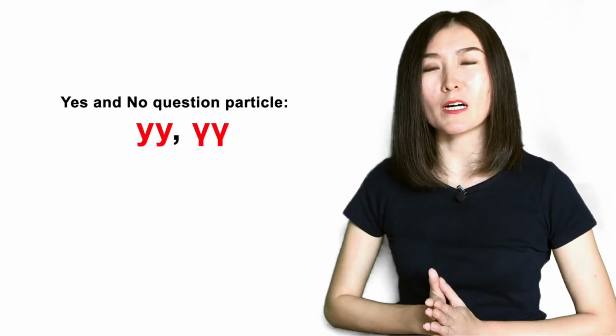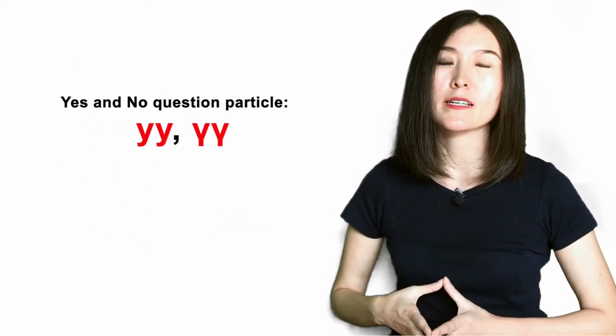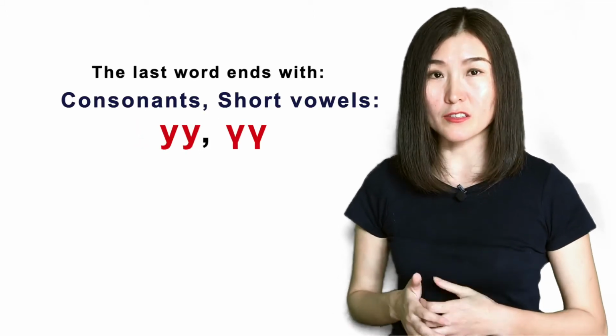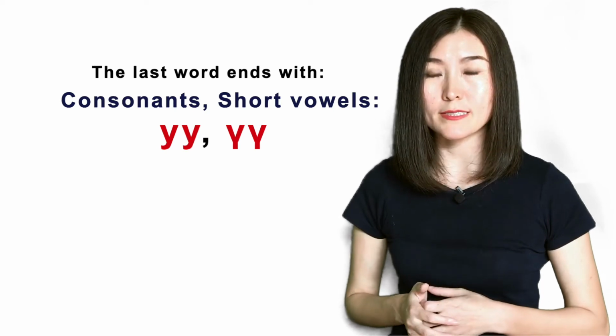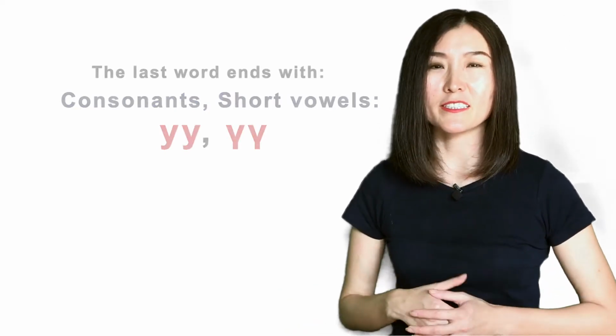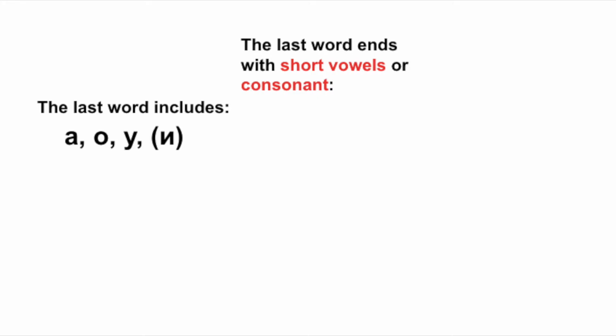Okay, now let's talk about o and u. When the last word of the sentence ends with consonant or short vowels, o or u will be added. So let's take a look at this slide. When the last word ends with short vowel or consonant, and that word includes a, o, u, sometimes with the i, it takes o.